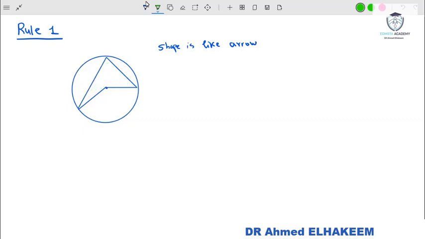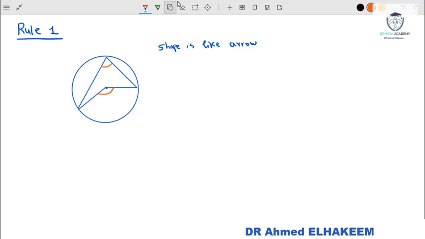You have here two angles. This is an angle and this is another angle. You see them?